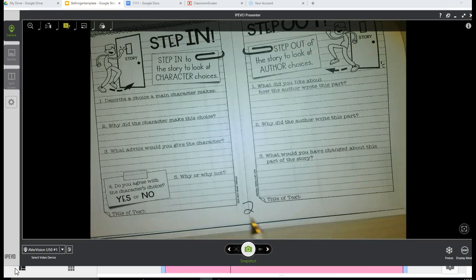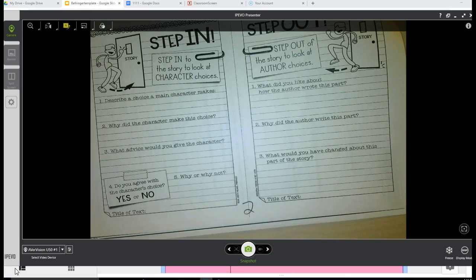You're going to notice that there is a number on the bottom of your page, and this refers to the scene on which I want you to focus. Everyone has different numbers, scenes 1 through 5. I just randomly went through each of the papers and wrote either 1, 2, 3, 4, or 5.